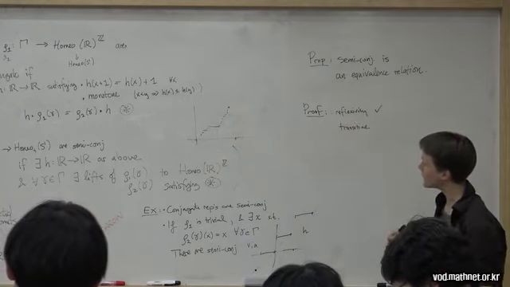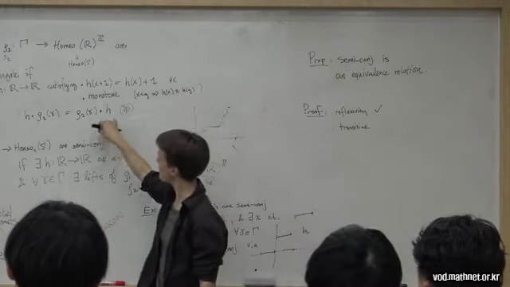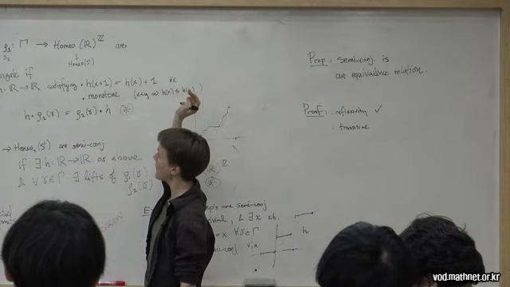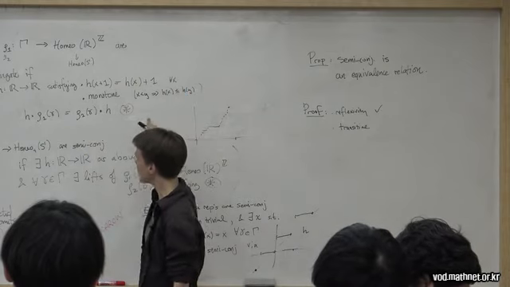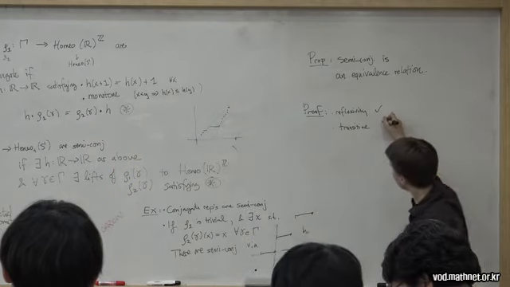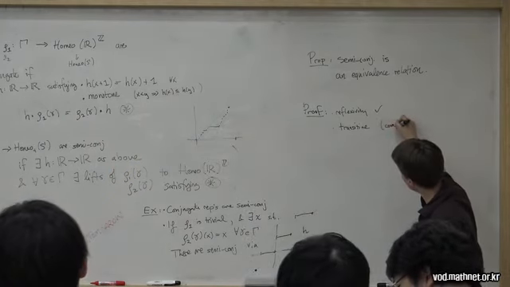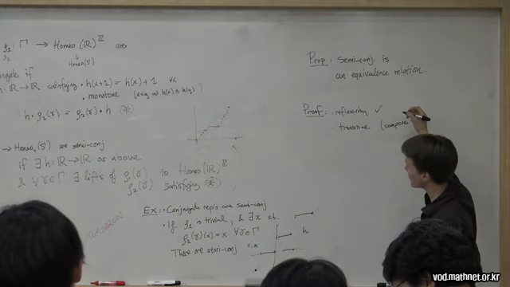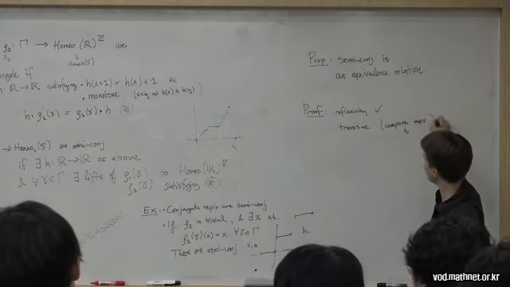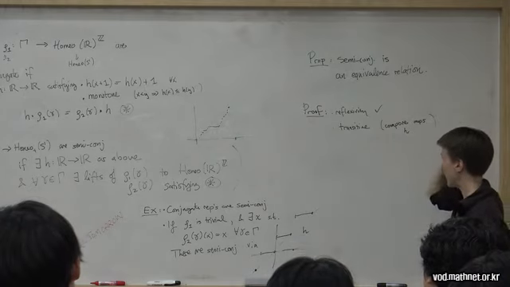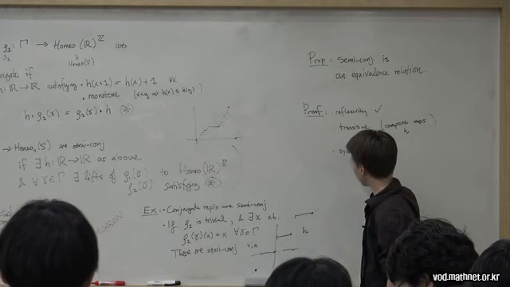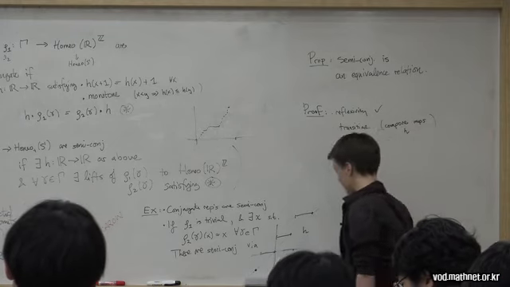And that's fine if there's some H that works for row 1 and row 2 like this, and I know another map K that works for row 2 and row 3, then composing H with K will give you what you want. Okay, so this is not hard. You just compose the maps that are playing the role of H. Okay, and symmetry is what we're going to have to work on. Let's do that.